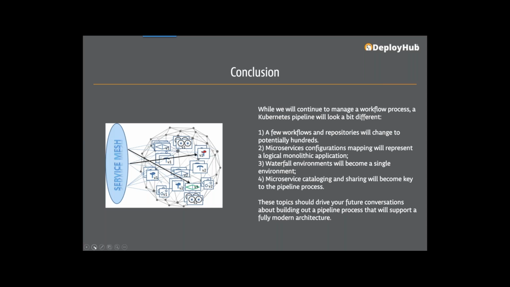So I know I've gone through quite a bit, but these 4 topics I think should really drive some of your future conversations about building out a pipeline process to support this modern architecture. The better we do at understanding the challenges around managing the microservices, the easier it will be to begin using them.